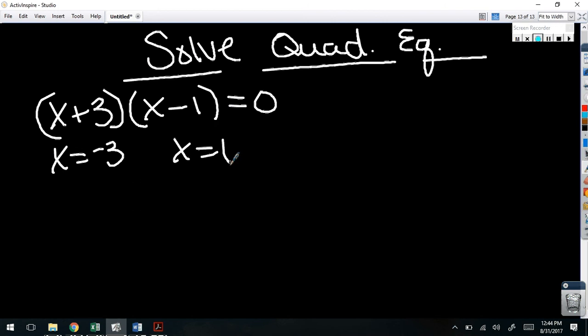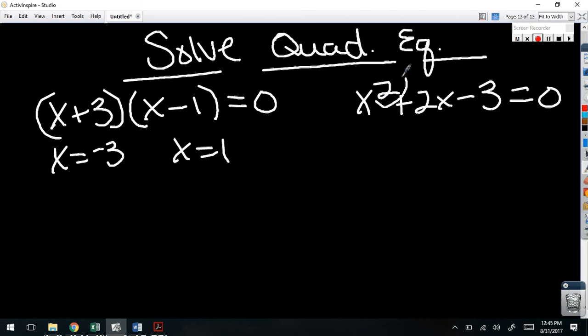But in its regular form of x squared plus 2x minus 3, that would be hard for you to solve before you knew how to factor. So what we're going to look at today are some quadratic equations that we can solve using other methods. Quadratic means a power of 2.